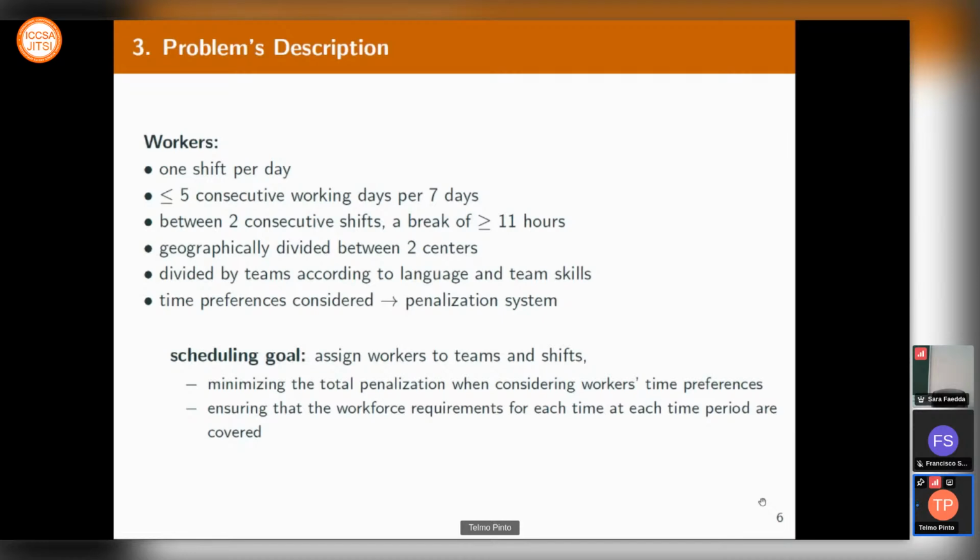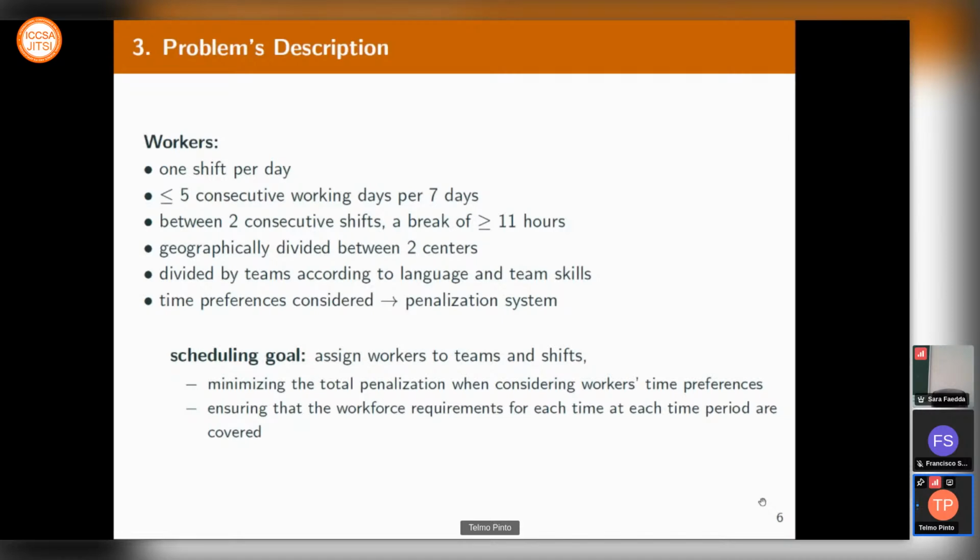The workforce is divided between two call centers, and it is also divided into teams based on language proficiency and skill sets. Here, the workers' time preferences are considered during the scheduling, and for this purpose we use a kind of penalization system to manage deviations from these preferences.